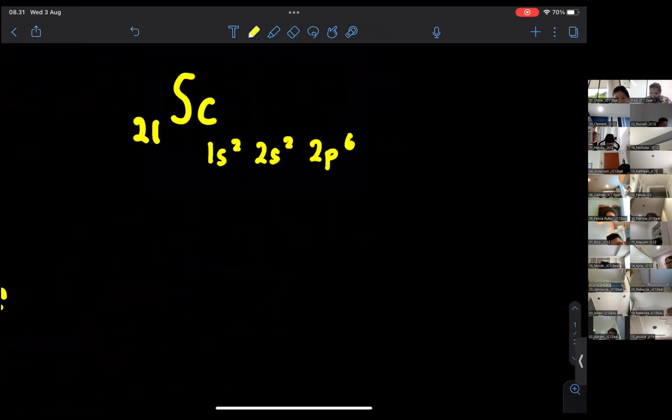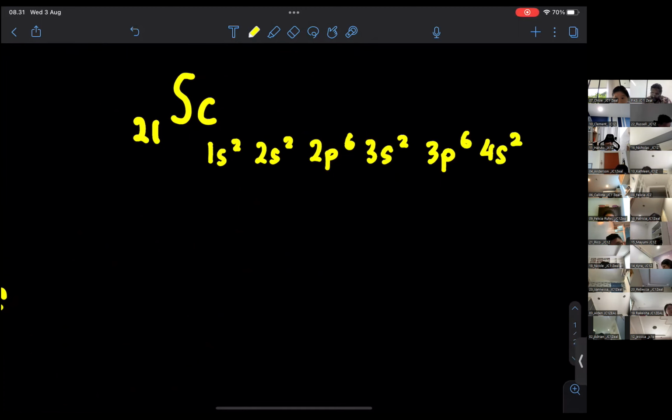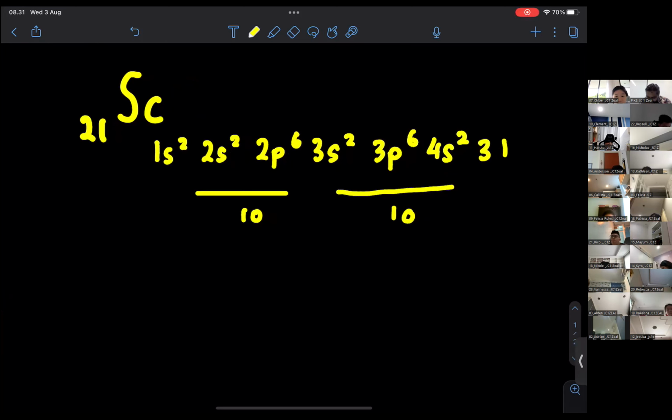Then you have 3s2, 3p6. Don't go to 3d10. Instead, you fill up 4s2. So now this is going to be 10, and this is going to be 10. I need one more, and that one more comes from 3d, which is 3d1. This is how you write the electronic configuration for scandium.